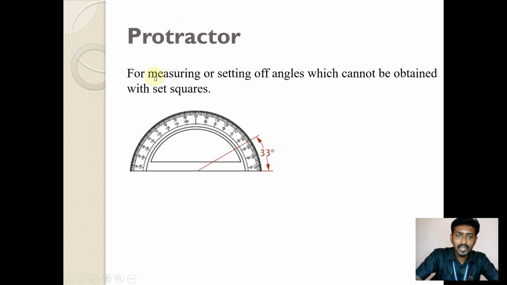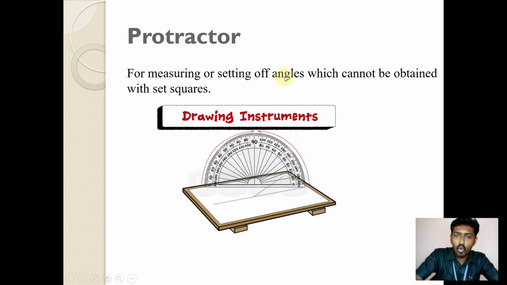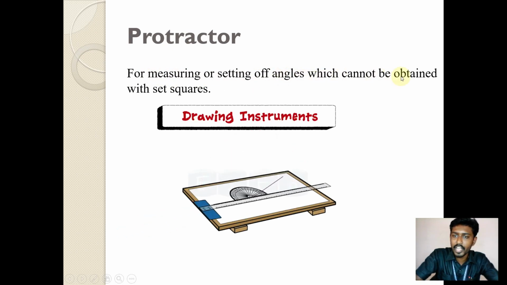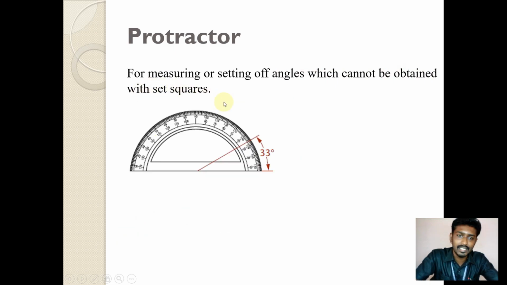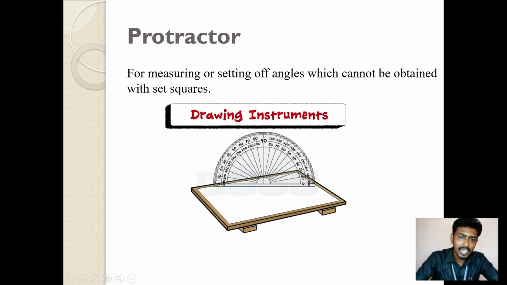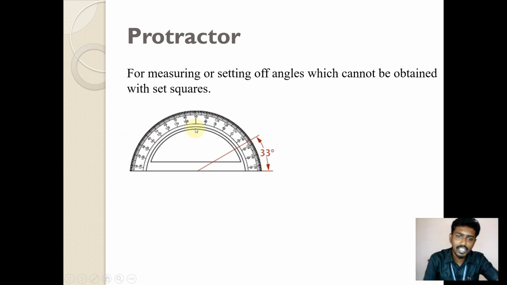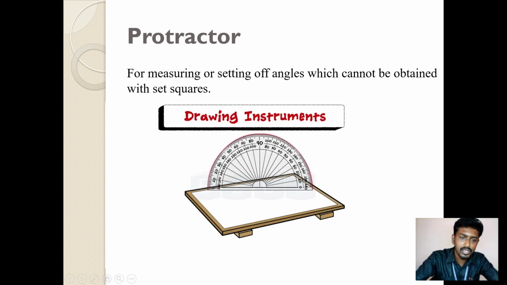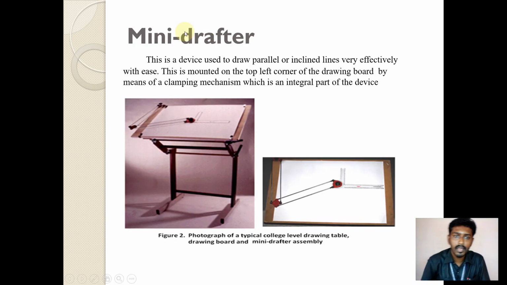Protractor is used to measure or set off angles which cannot be obtained with a set square. This protractor is flat and semicircular in shape. The circumferential end reads 0 degree to 180 degree and is readable from both ends.